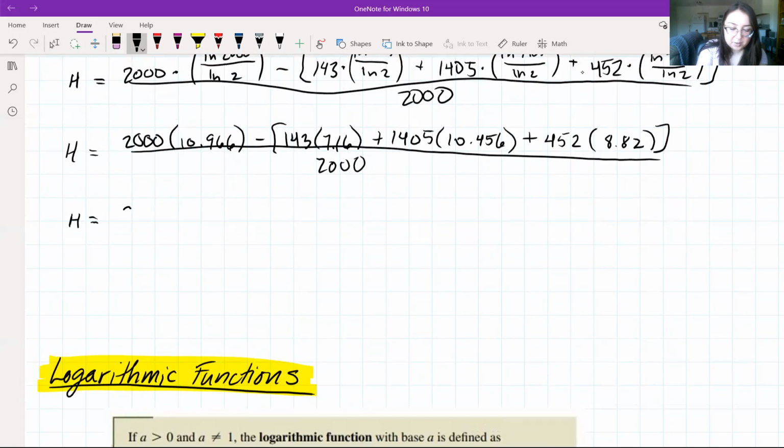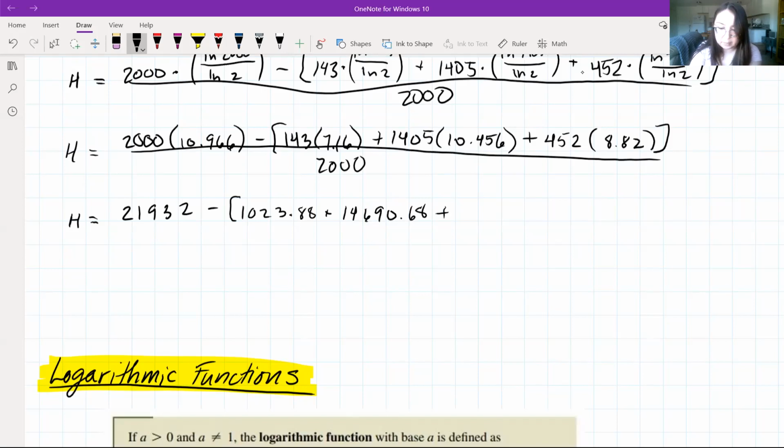And if you did, we will get 21,932 minus 1,023.88 plus 14,690.68 plus 3,986.64, all divided by 2,000. Sorry, I kind of crossed that out.